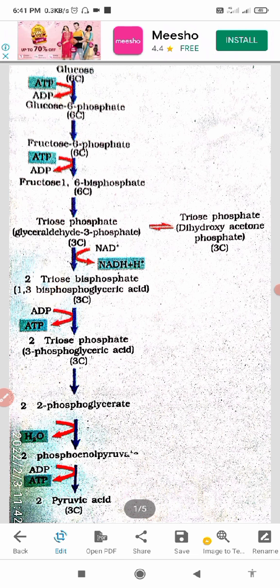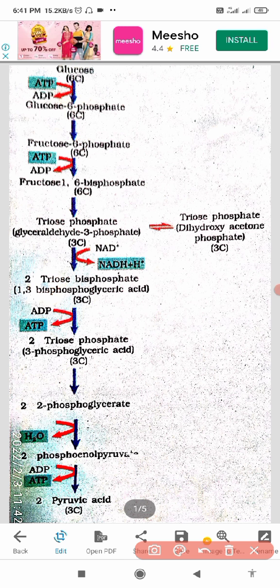And now the action of further ADP. Here it is notable that this biphosphoglyceric acid releases one phosphate molecule and ATP is formed. In the next series, 3-phosphoglyceric acid, 3 carbon, will be formed, and later on it will be converted into 2-phosphoglycerate.